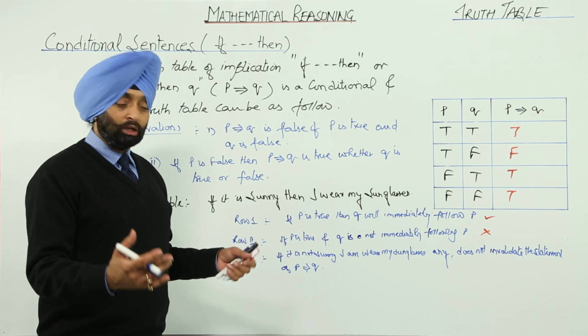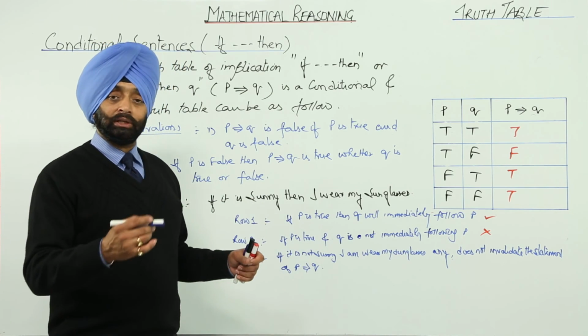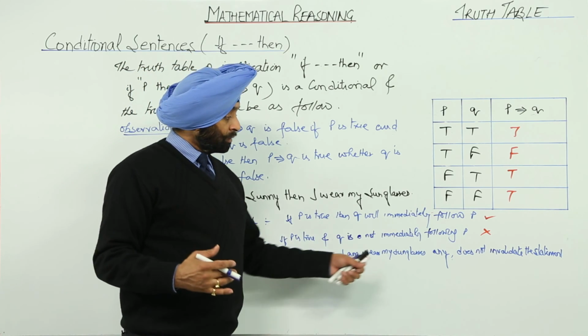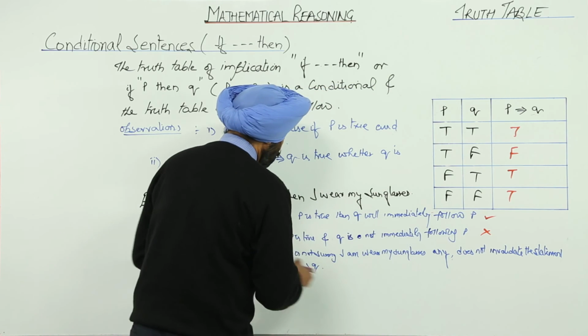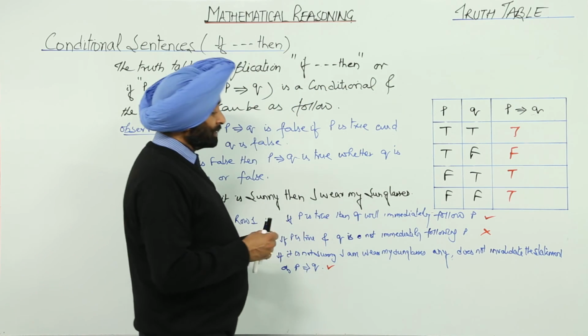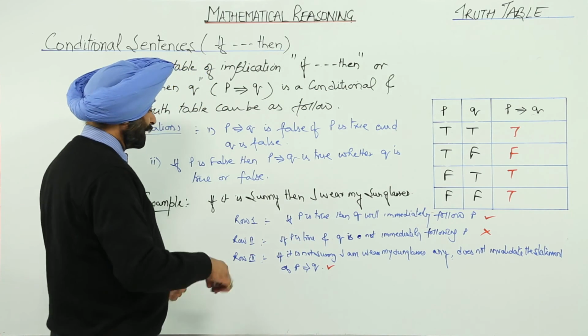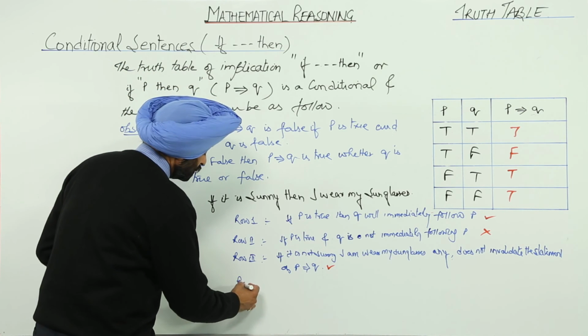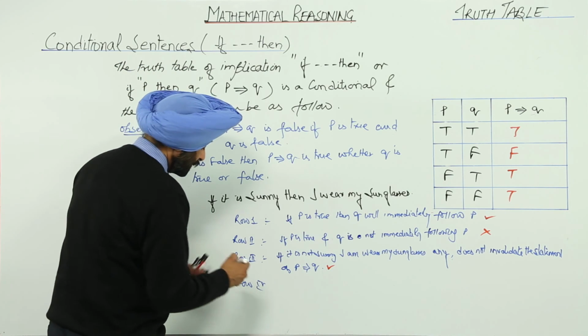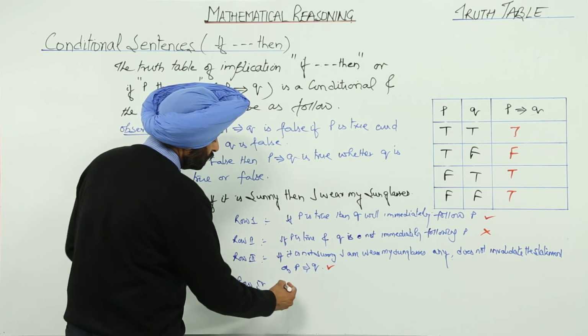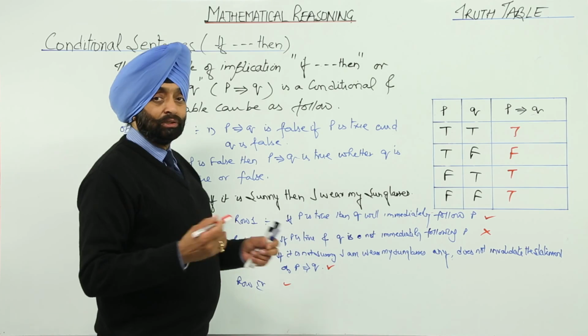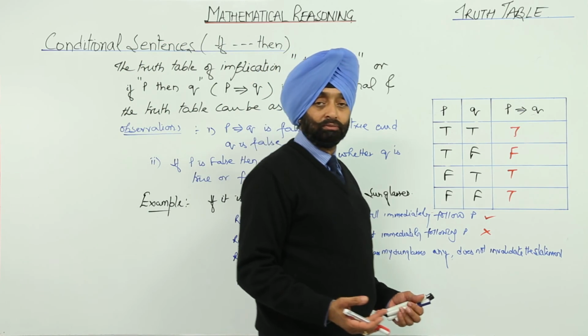It depends on you, so it does not change the validity and the statement will become true. And the last one, row 4, will be true because it is not sunny and you are not wearing the sunglasses.